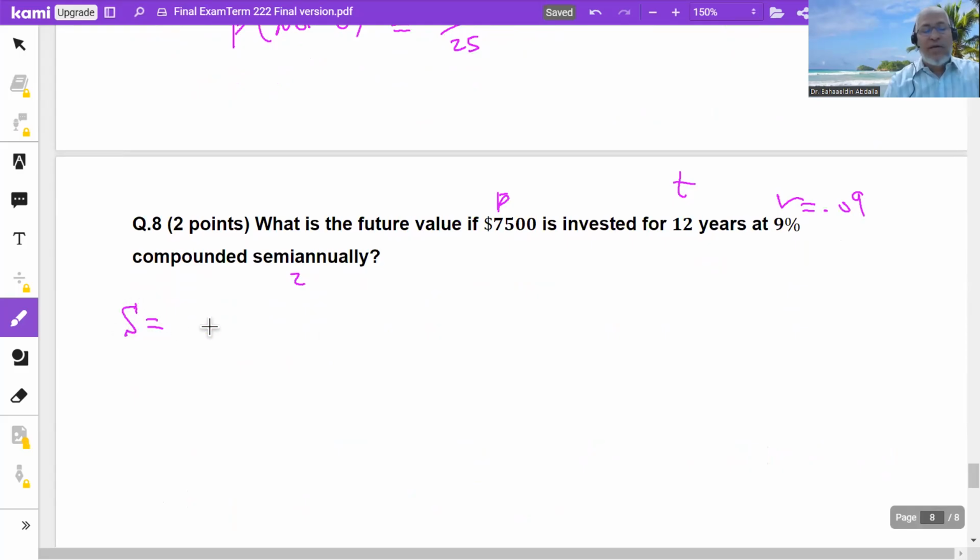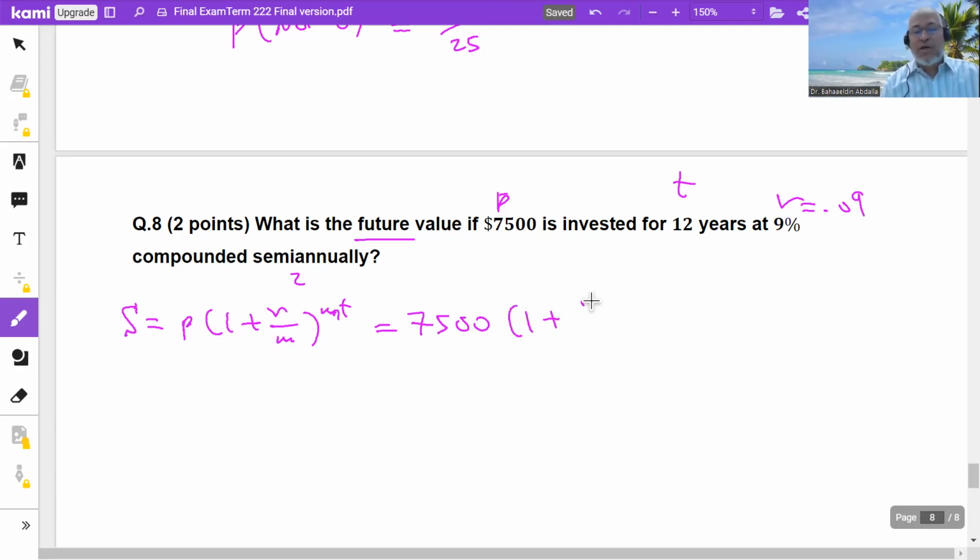The formula, as we mentioned before, is this one, 1 plus R over M, to the power M times T. He is asking for the future value, so S equals P, which is 7,500 times 1 plus R, 0.09 over M, twice a year, to the power 2 times 12 years.